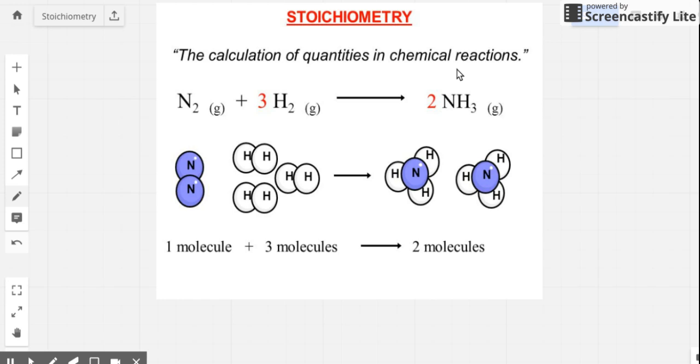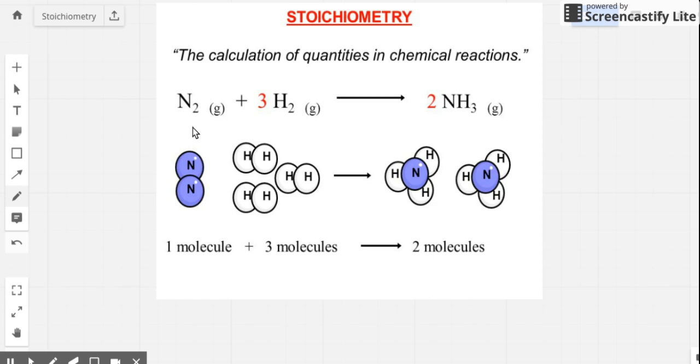So let me start by giving you the correct concept of the coefficients that we place when we balance the chemical equation. Now we know that we balance a chemical equation because of the law of conservation of matter or mass. It means that you cannot destroy nor create atoms in the process of a chemical change.